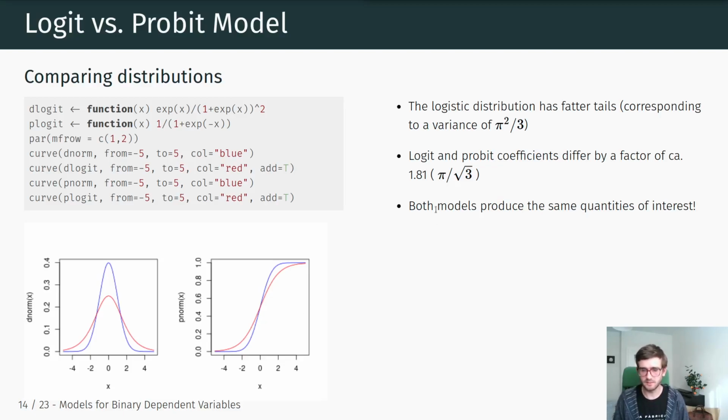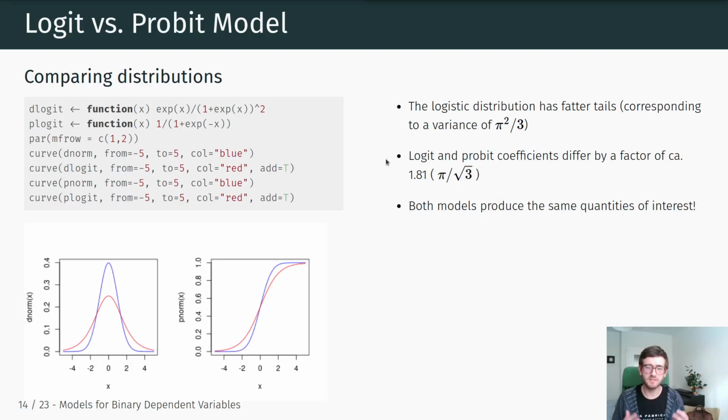As you can see in this graphic, the logistic distribution has wider tails. The standard normal, of course, has a variance of 1. The logistic distribution has a variance of pi squared divided by 3.